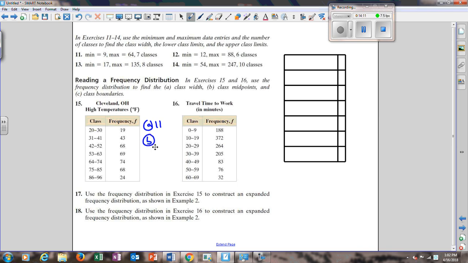Part B says your class midpoints. So I'm going to list them out over here. Your midpoints are going to be adding the two numbers together, 20 plus 30, and then dividing by 2. So that gives you 25 for the first one, and 31 plus 41 divided by 2 is 36 for the second one.